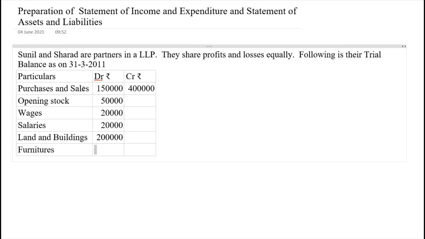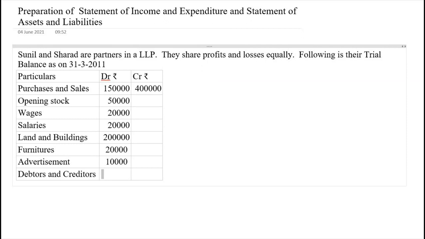Furniture 20,000. Advertisement 10,000. Debtors and creditors: 50,000 and 60,000. Cash 20,000.